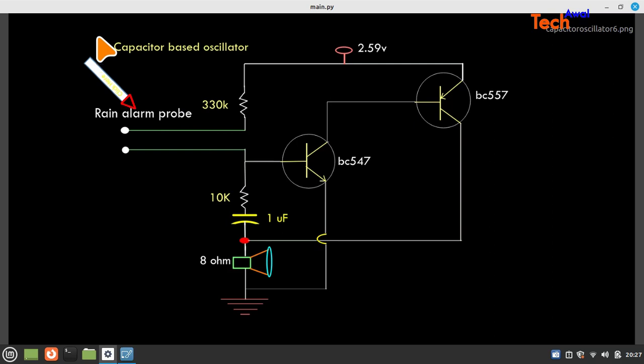We'll have a rain alarm probe, and that will be connected from here. So we disconnect the circuit and connect a rain probe to the wire, and we'll put in some water, and we'll see if it really oscillates. So we're keeping 1 microfarad as the capacitor. So that we'll see.